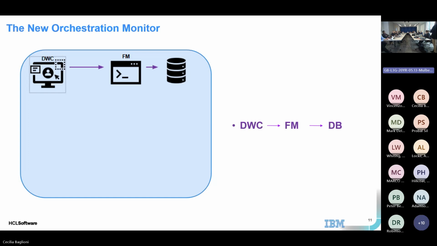Correct me if I'm wrong, but you will see the old data, the old plan, until it's completed. In any case, if you start to run some job or change some status while you're still loading the plan, the changes will be sent in parallel and you will see them directly in the database too.